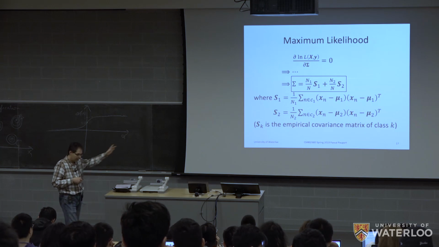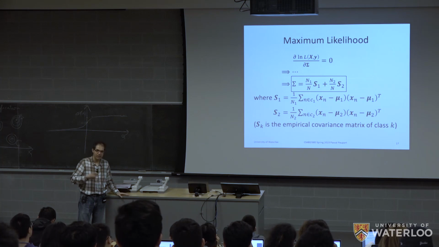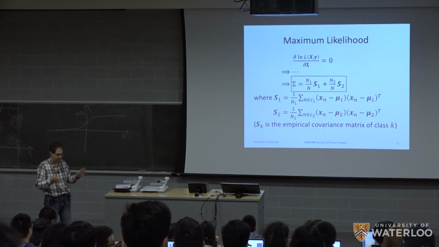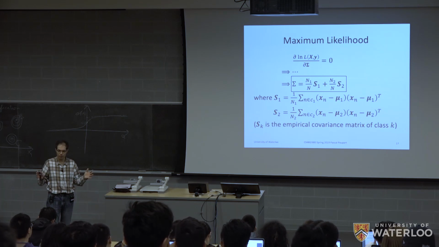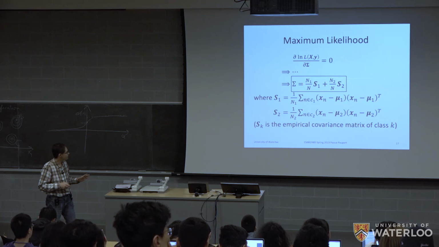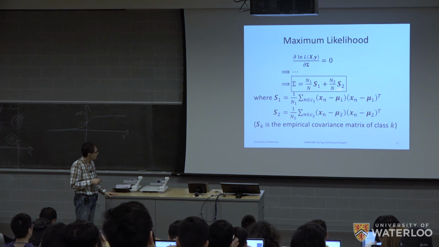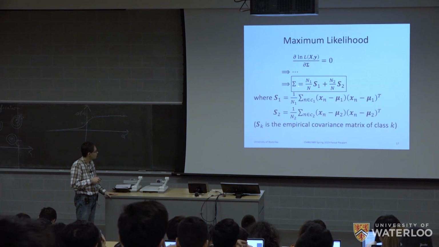Okay, and then the last parameter that we need to estimate is a covariance matrix. Here again, if you recall, we assume that there's a single covariance matrix for all the classes. Under that assumption, when you take the derivative and set that to 0, you end up with this expression, which can be interpreted as follows.